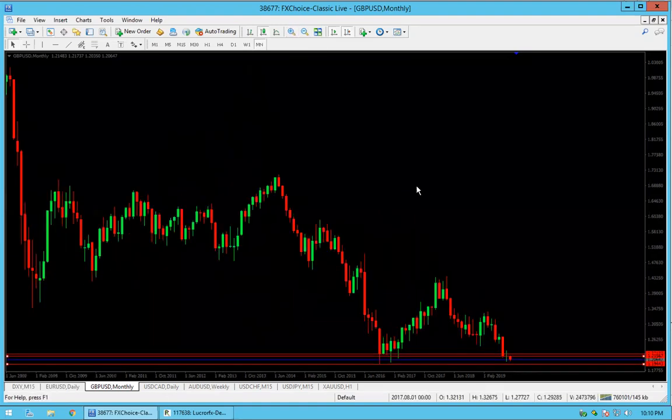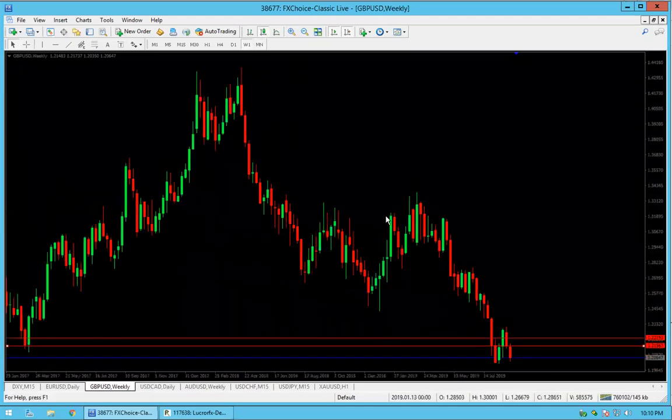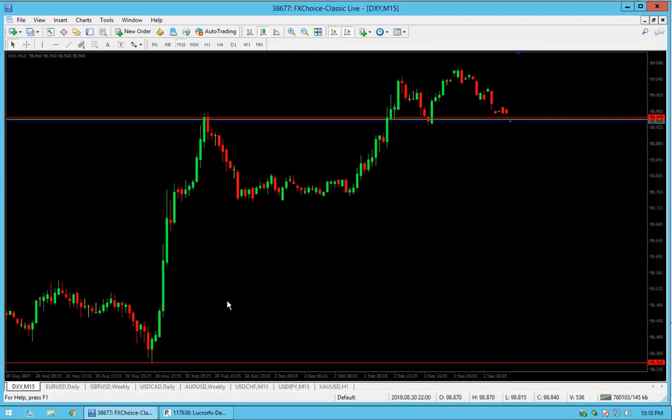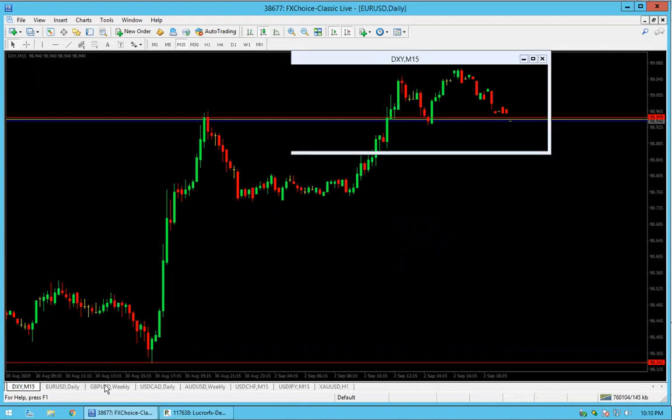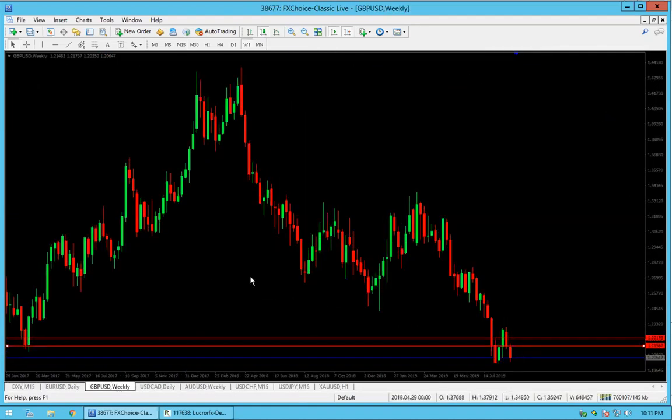We did see some movement to the upside last week, but ultimately it ended up coming back down. So with this pair bottomed out, we're going to hope that with this upcoming week, with support from the dollar index as well as the Euro USD showing that correlation, we're going to see some weakness in the US dollar, which of course will help out the pound this week.